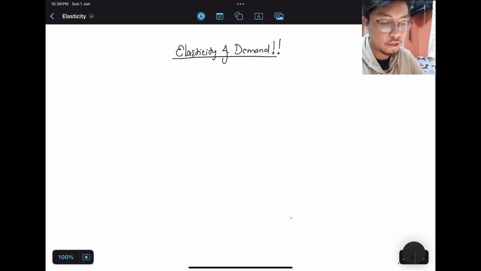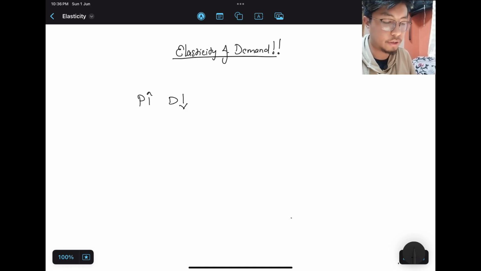Now, to understand elasticity of demand, you'll have to first go back to your law of demand. The law of demand holds with certain things remaining constant, certain factors which affect demand remaining constant. When your price increases, your demand decreases.